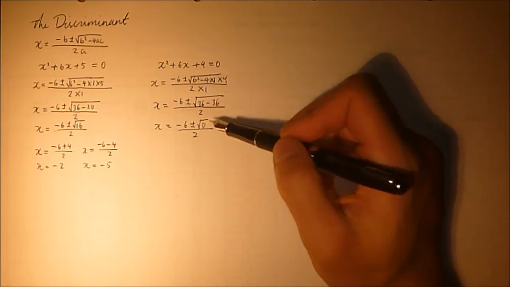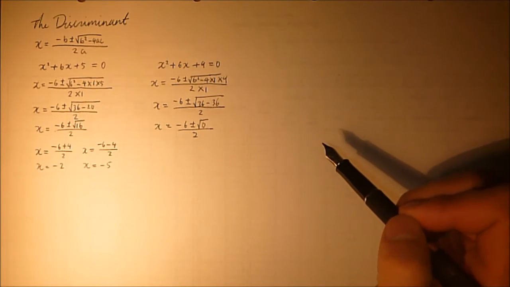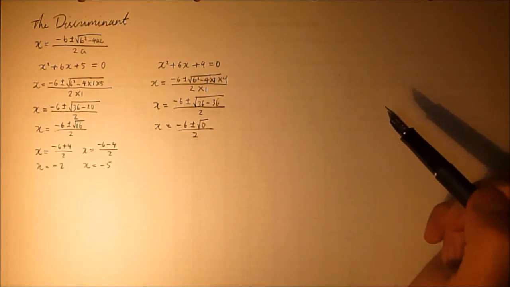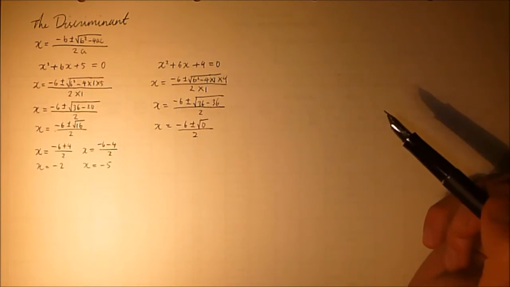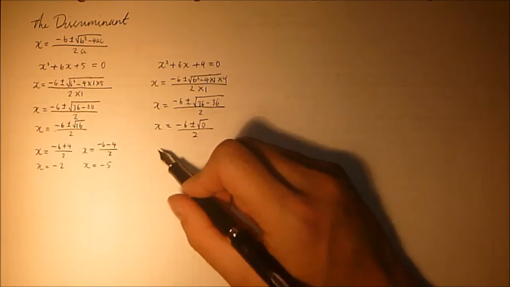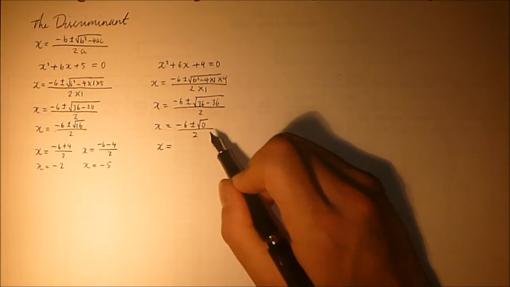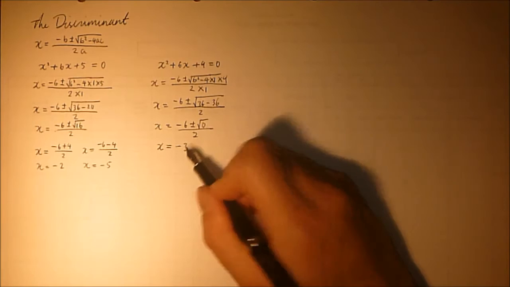So interestingly, the square root of 0 is still 0. So whether it's adding or subtracting it, it makes no difference to our final answer. So there is only one possible solution, where x equals negative 6 divided by 2, which is negative 3.